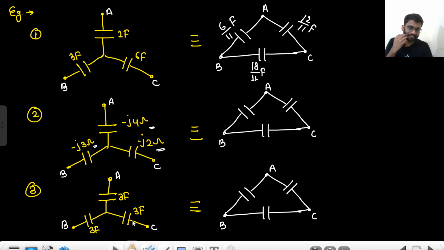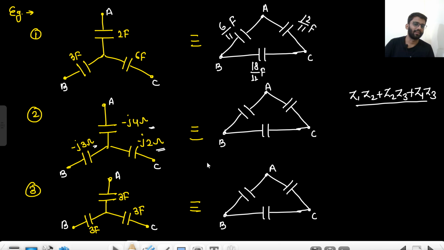When these are capacitances, then this formula is applicable. But for impedances, the formula is Z1 Z2 plus Z2 Z3 plus Z1 Z3 divided by the one in front of, divided by some Z. So that formula will be applicable here only.